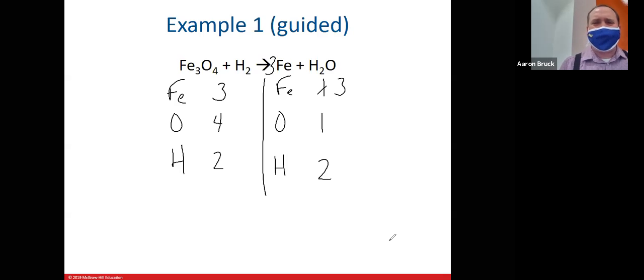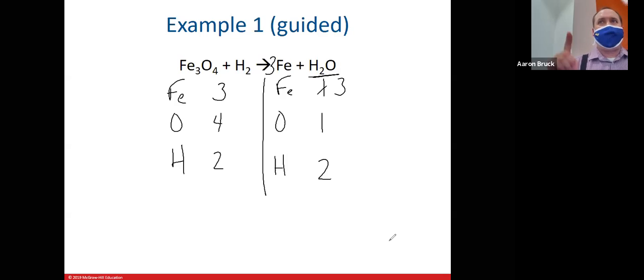Right now I've got hydrogen balanced as well. The only thing that's not balanced is oxygen. Now the only source of oxygen in this entire product side are in water molecules. How many water molecules do I need to give me 4 oxygens in total? 4.